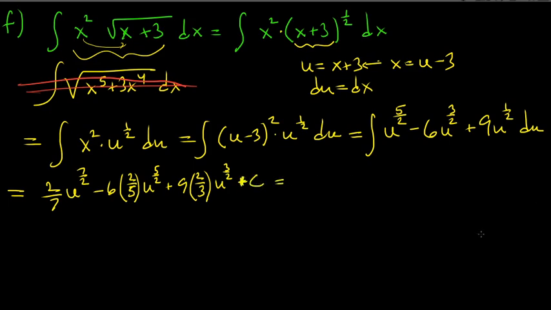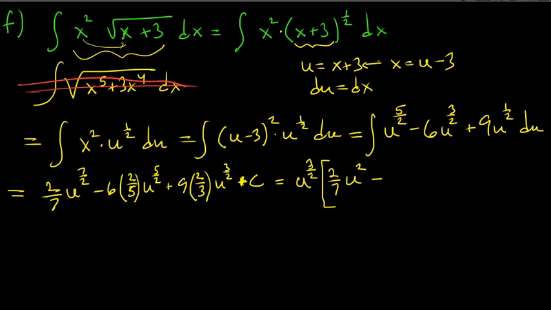So now I'm going to do two things here to simplify this. I can factor out a common factor of u to the 3/2. And I'm wondering if I should take out a common factor here, but we can always do that later. So u to the 3/2 is the lowest power of u. So what is that going to multiply? That's going to multiply 2/7 times u to the 4/2, so that's u squared.